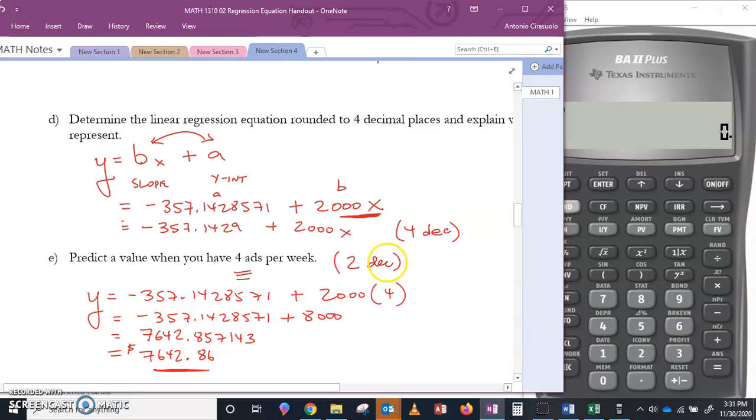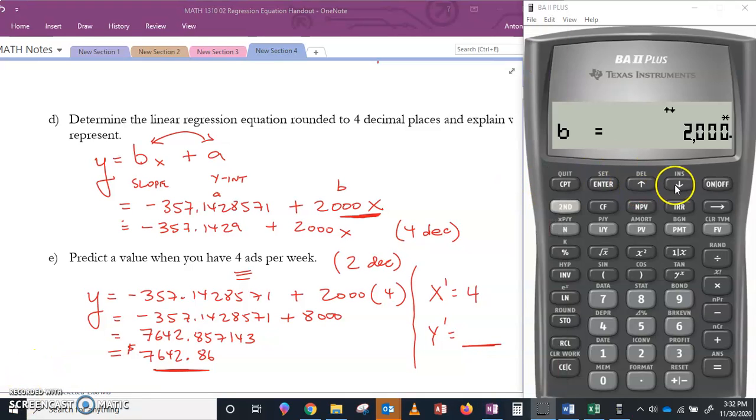Now, our calculator also has a built-in function. I'm just going to put x prime, y prime here. And we're going to put x equal to 4 and try to find out what y is. So if you scroll down next, and you have your x prime here, if we put in 4, go 4, enter, scroll down, and hit compute, then you have the exact same value.